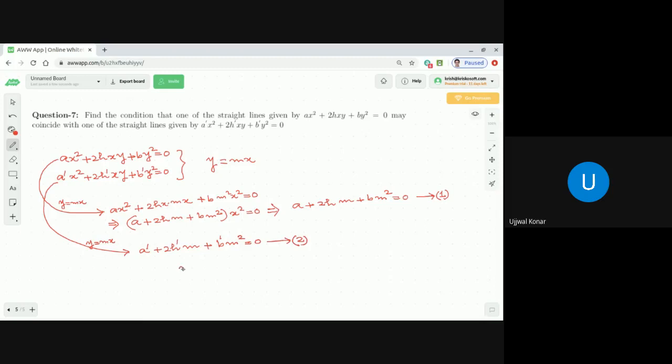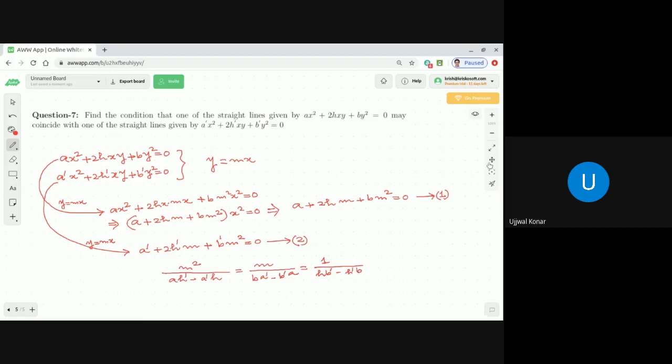We are going to get m square by a into h dash minus a dash into h, equal to m by b into a dash minus b dash into a, equal to 1 by h into b dash minus h dash into b.